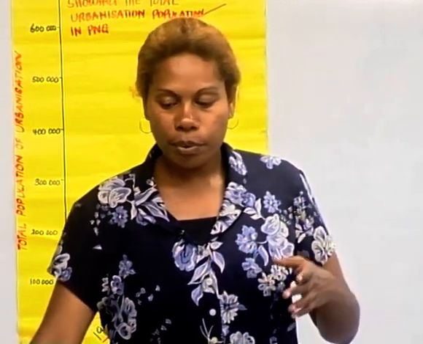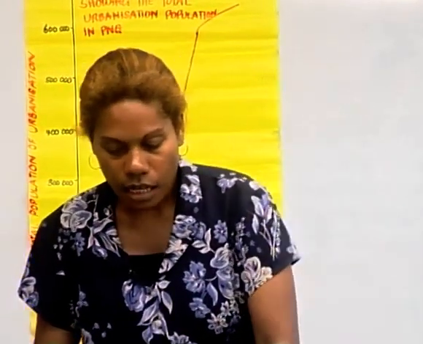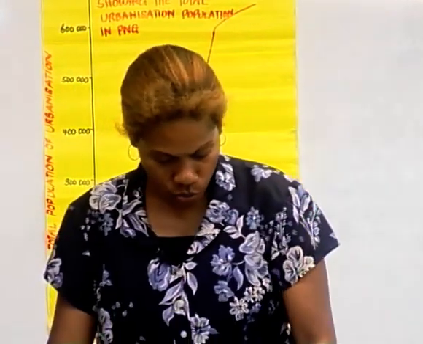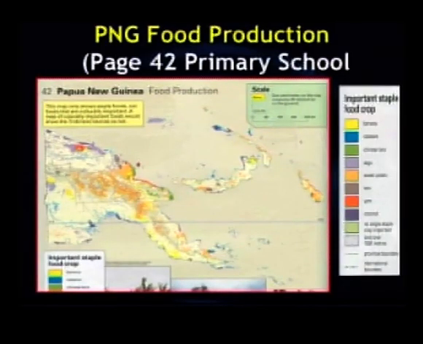If you have your PNG Primary School Atlas, please, I'd like you to turn to page 42 of your Primary School Atlas, where it shows the food production, the types of main food that grows in an area.